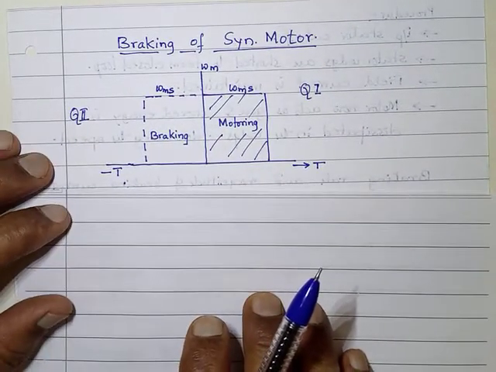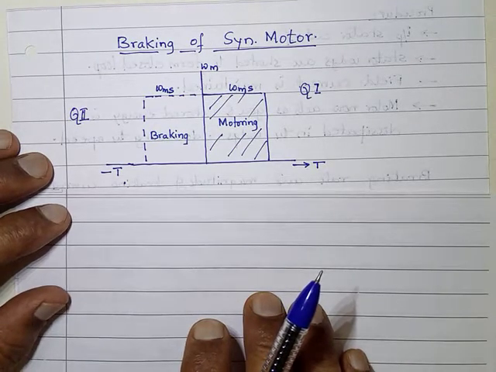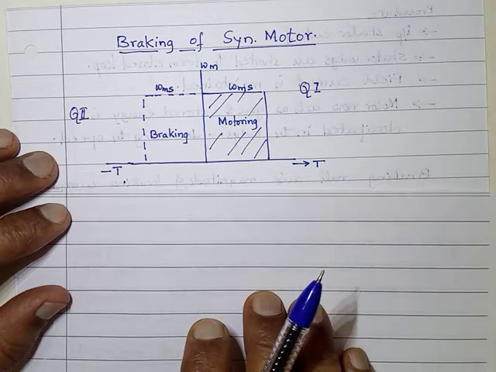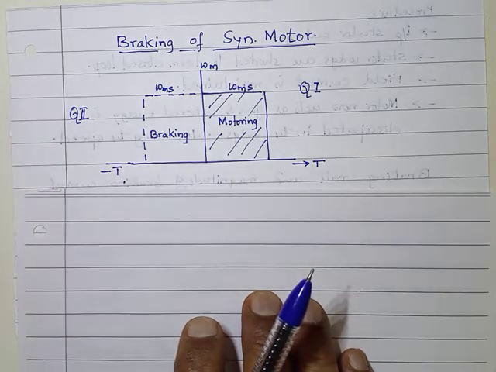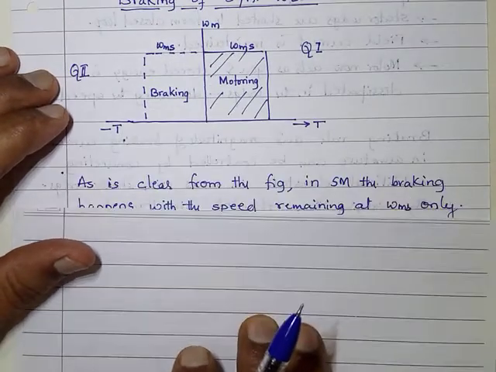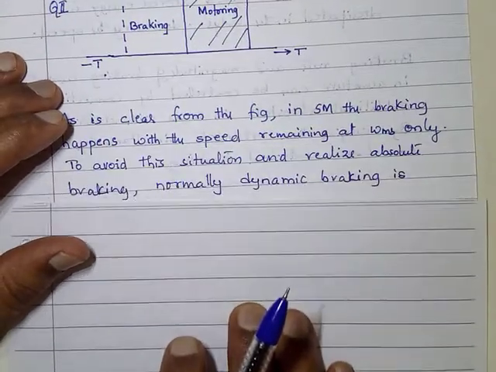And to overcome this and realize the braking of the synchronous motor, we go for the dynamic braking. We have already come across different types of braking. The dynamic braking is one of them, and in that dynamic braking, what will we do?